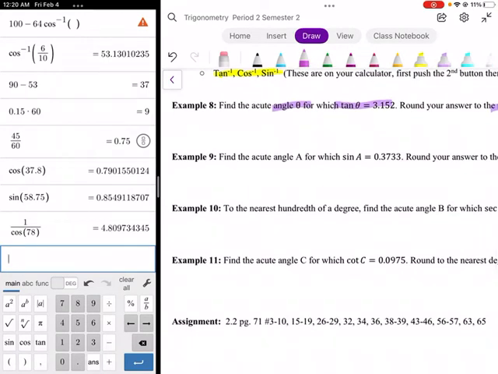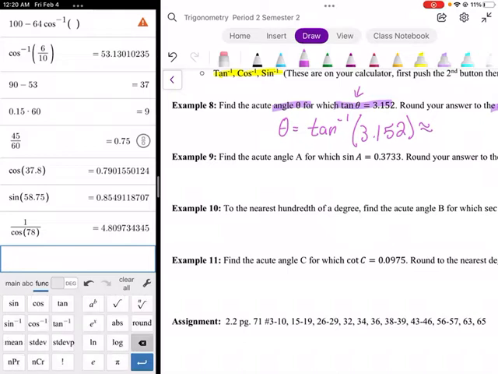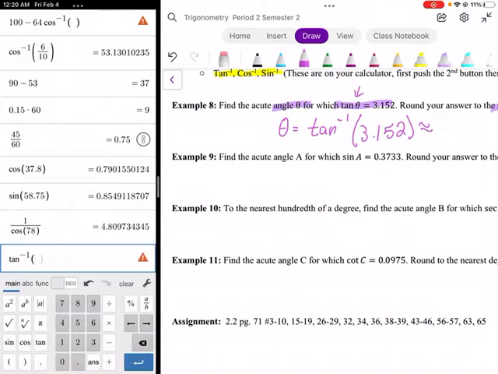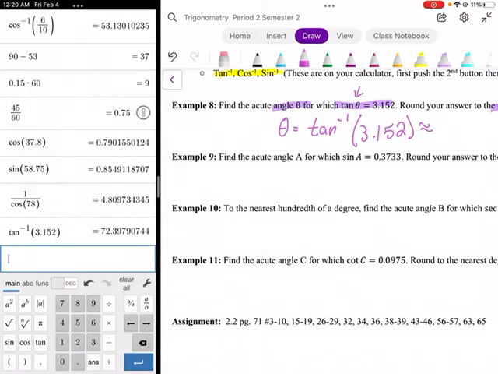When you're typing this in, if we're looking for theta, that is going to be equal to the inverse of the function you're using, and then the value that it's equal to is going to go in the parentheses. And that's what you'll type into your calculator to figure out what the angle equals. So we'll have 3.152 in the parentheses. And this angle will be about 72.4 degrees.